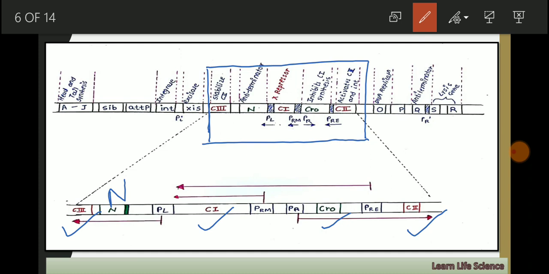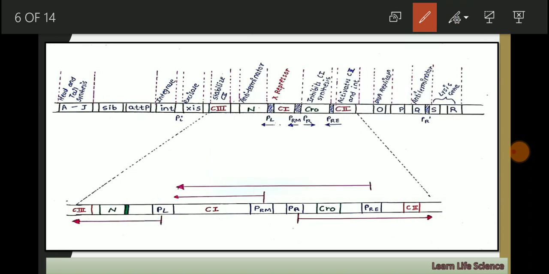Now here is the presence of PL promoter, a promoter that will initiate transcription in left hand side. Here you can see by arrow I have given here, it will start transcription in left hand side. The PR promoter is going to transcribe in right hand side.